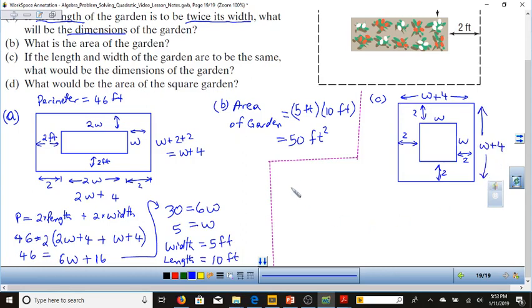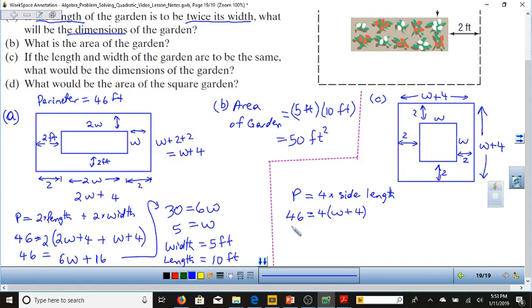And therefore the perimeter now is simply going to be 4 times the side lengths. We're talking about a square here. Or you could just add up all the sides, but it's 4 sides all of the same length. So the perimeter is still 46 feet, but now the 4 side lengths are W plus 4.